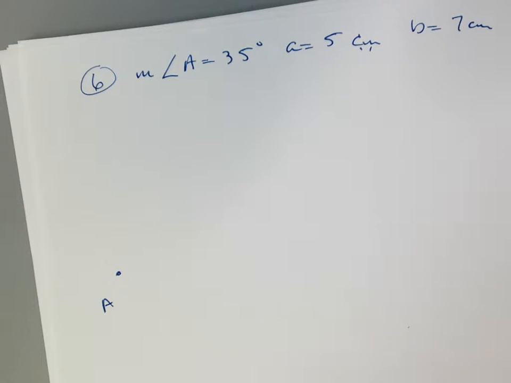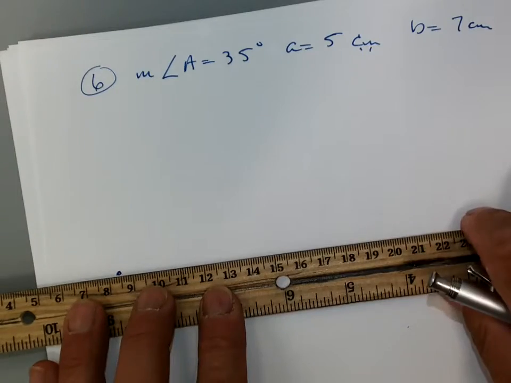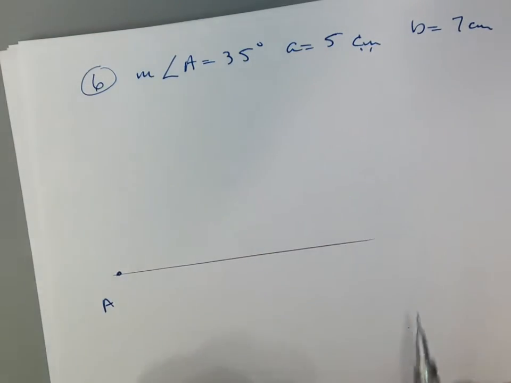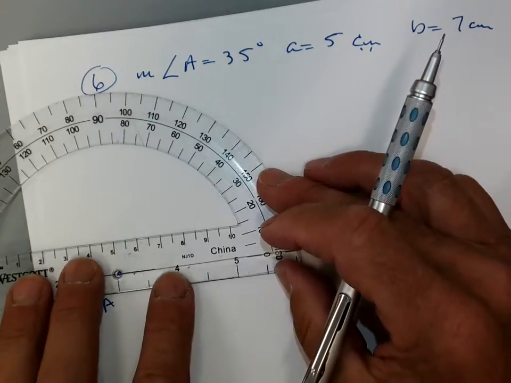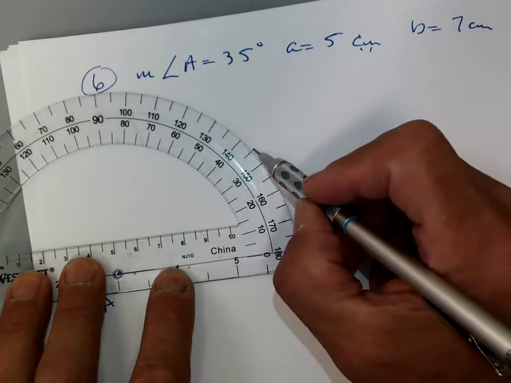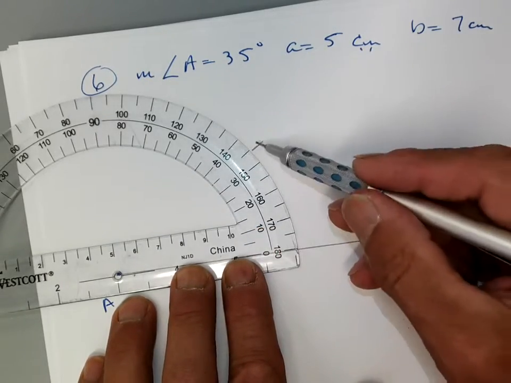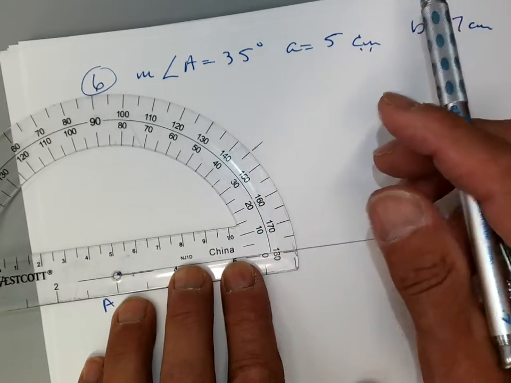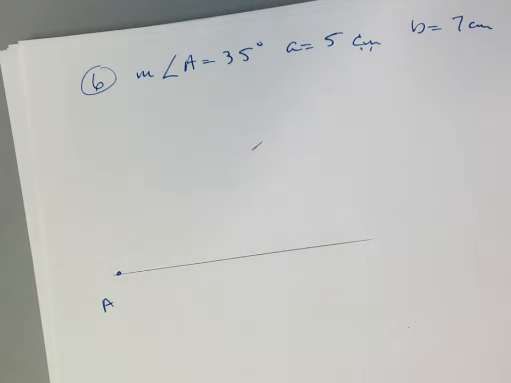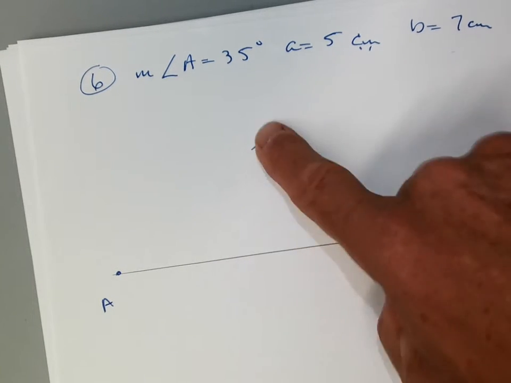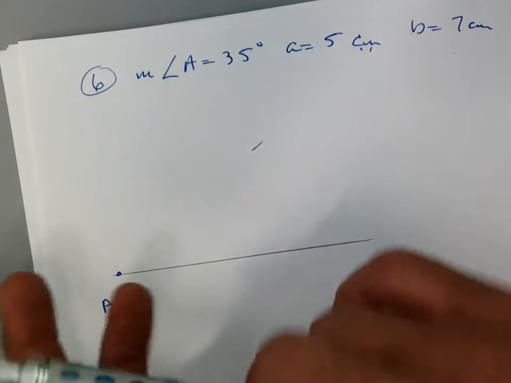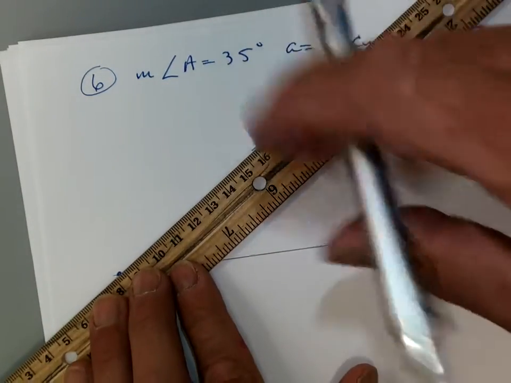Okay, so I need a 35-degree angle. I'll use my protractor. 35 is right there. Okay, zero it out. 35 degrees. Now, side B has got to be here somewhere. So if I draw my angle A, here's my angle A at 35.